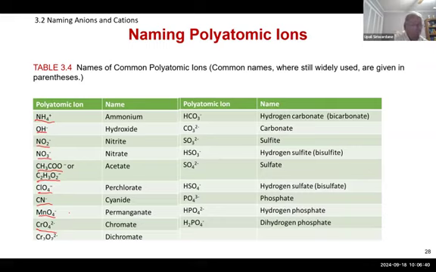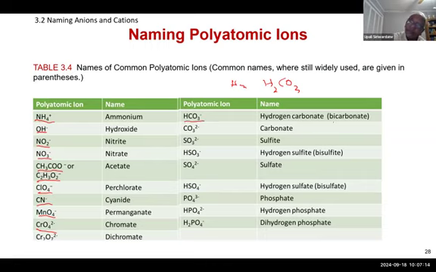There are a few other polyatomic ions that are coming from acids. Carbonic acid is H2CO3. When carbonic acid loses a proton, hydrogen plus, it forms bicarbonate ion.